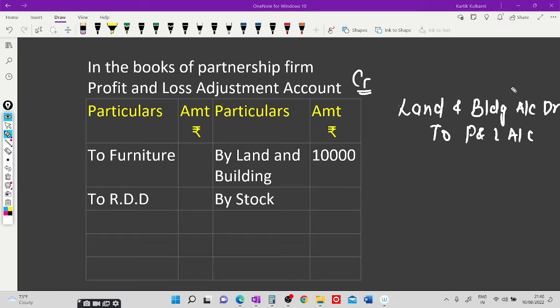So this entry indicates that there is an increase when we are debiting the asset account. When we are debiting the asset account, we increase the value of the assets, and the gain due to the increase in the value of the asset is recorded on the credit of the profit and loss adjustment account.